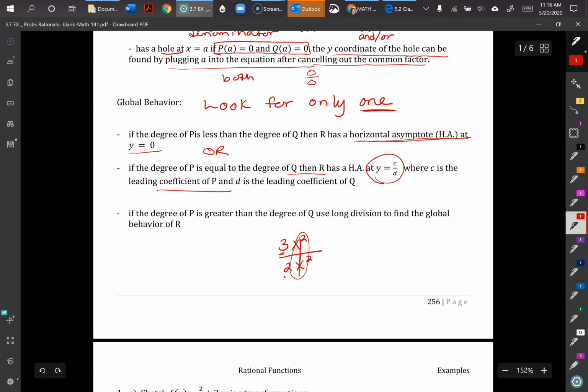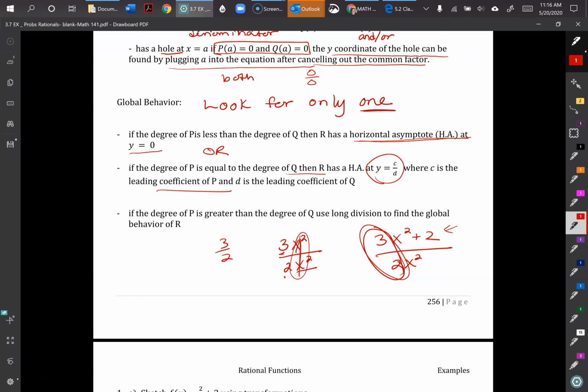So you'll have 3 halves. Even if I had 3x plus 2 over 2x squared, or 3x squared plus 2 over 2x squared, I would just look at the coefficient because the rest is pretty insignificant when we're talking about really large numbers. What will dominate is this coefficient.